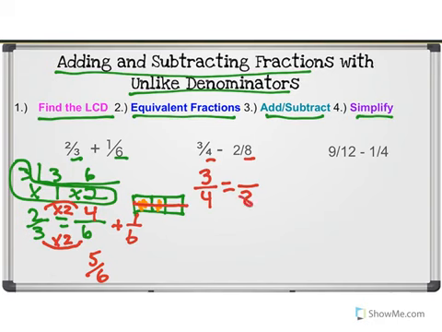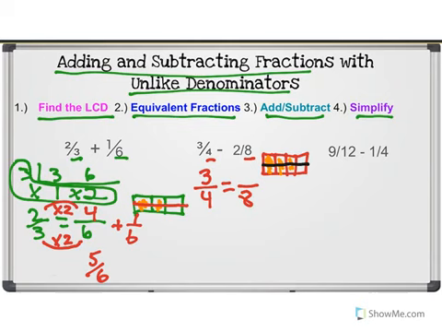How many eighths are in 3/4? Again, if you need to see it visually, go ahead and draw a model. There's my model. I have fourths. 3 are shaded in. And if I draw a line horizontally, I'll double the amount of parts, making eighths.